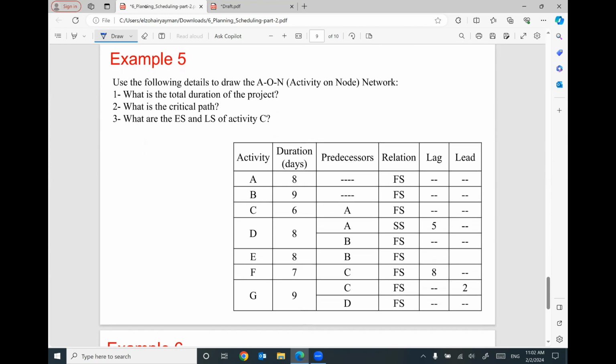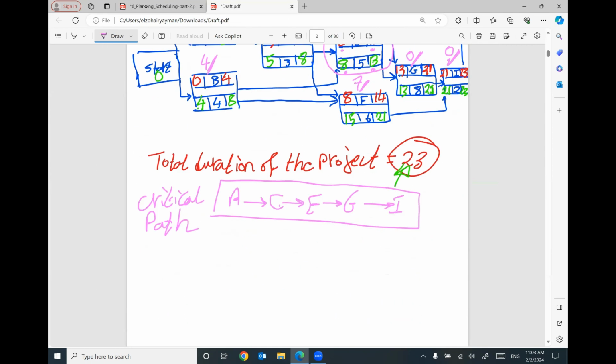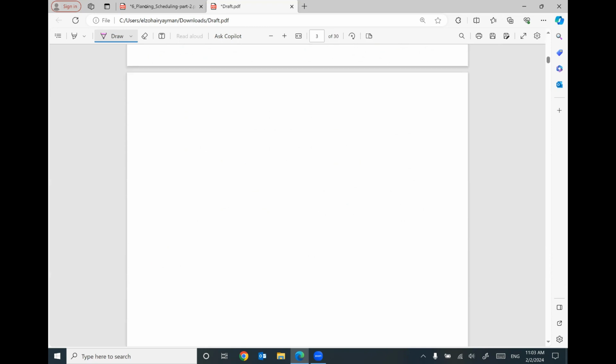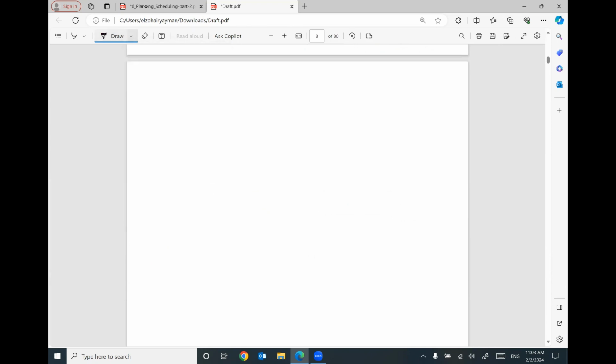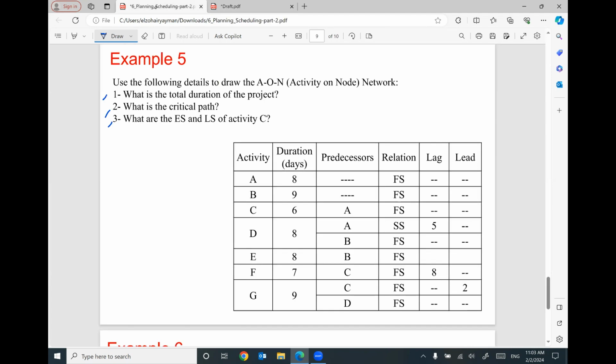We have another example here. We are given the relationships and we would like to construct first the network and then answer these three questions. So we have activity A and B without any predecessors.